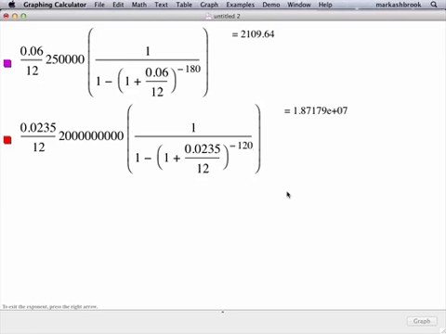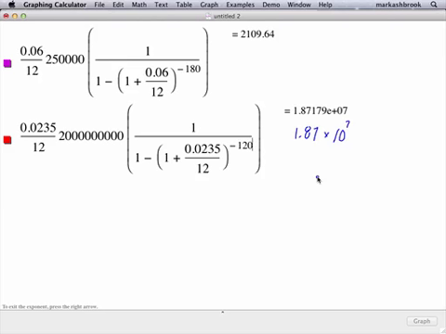And because the payments are so large, it's giving what's called scientific notation. So this E plus 07 means take this first number that you're given times 10 to the 7th. So this is 1.87 times 10 to the 7th.